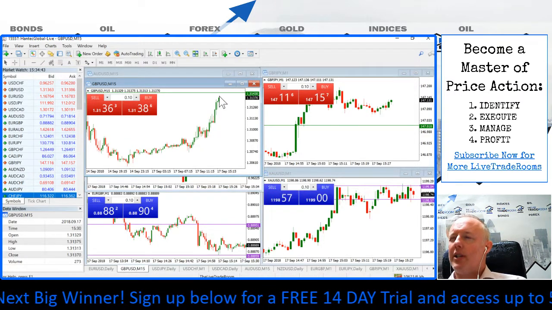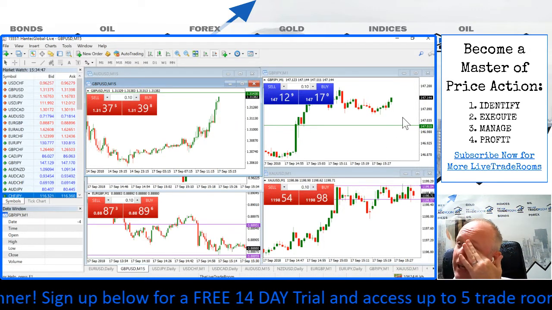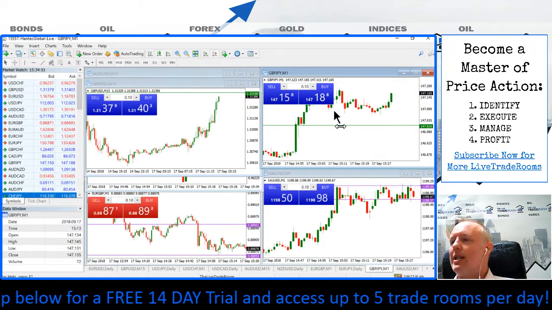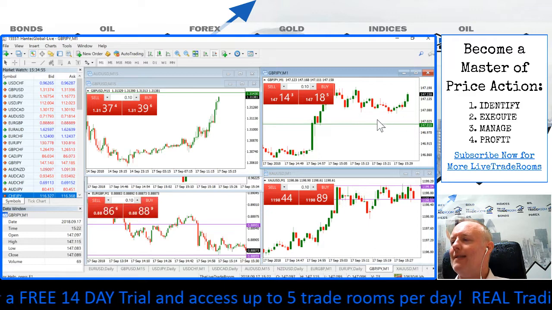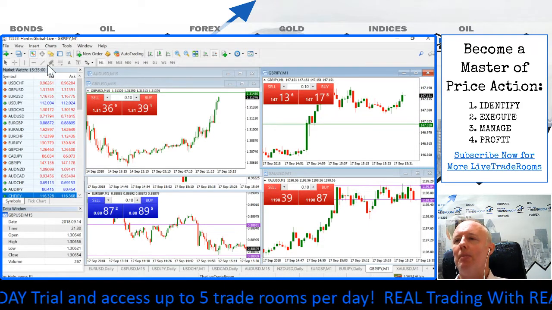So the pound dollar is squeezing up to the 31.43, so we're not too far away from that. We're getting a bit of a squeeze higher now in the pound yen. We didn't quite get the pullback to the level that we would have liked in the pound yen.